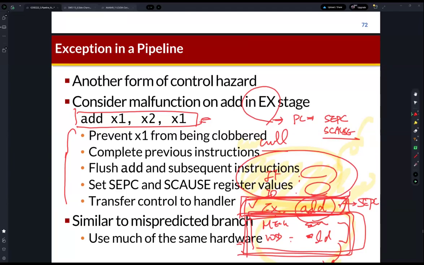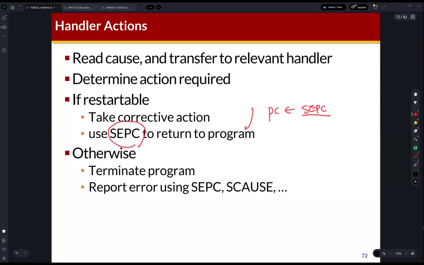But because the exception was handled properly by the exception handler, this add instruction will not cause an exception. Okay, so this is the restartable exception.